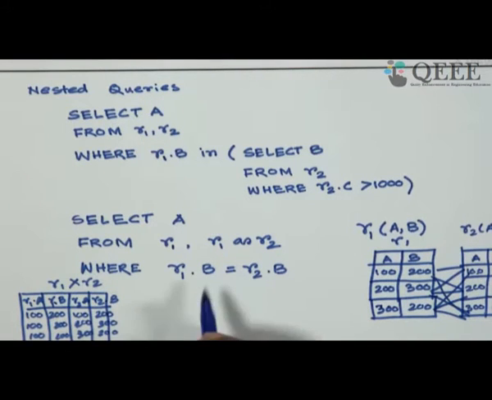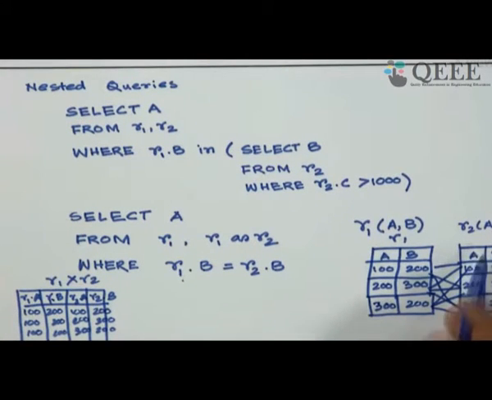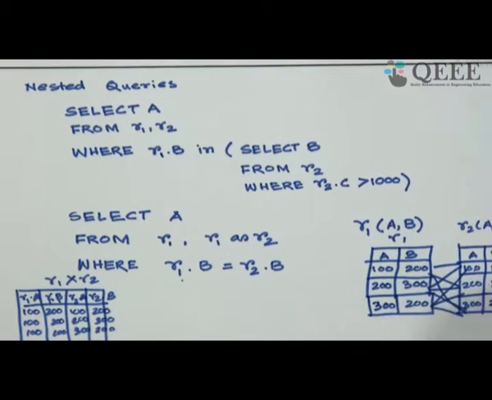Now we have the condition that R1.B equals R2.B. Note that R2 is just R1 renamed. Can you tell me which tuples in the cross product have R1.B equal to R2.B?